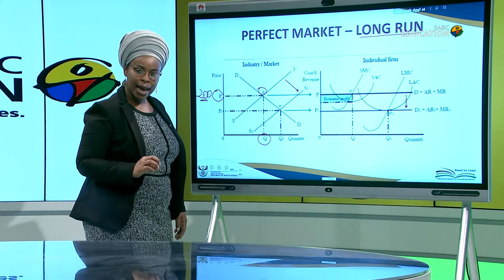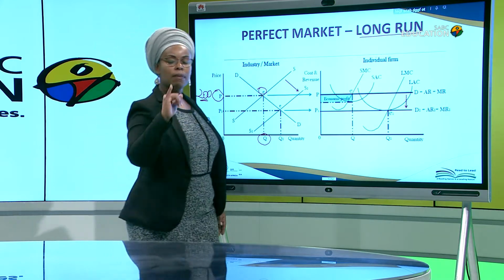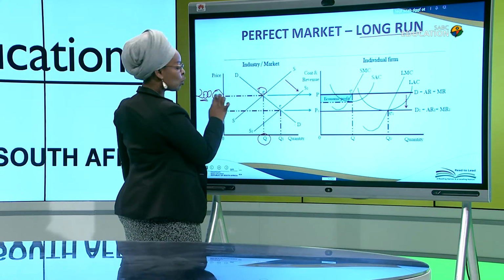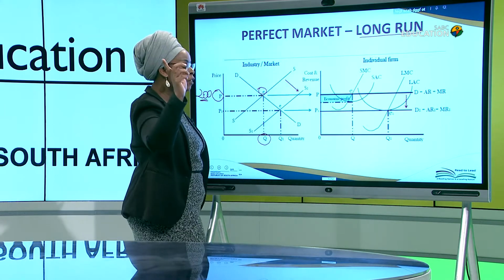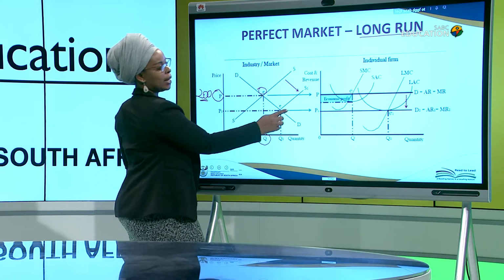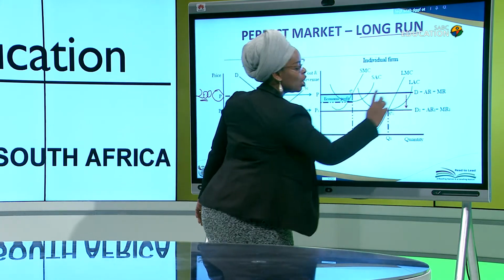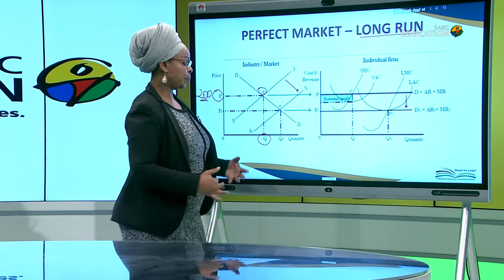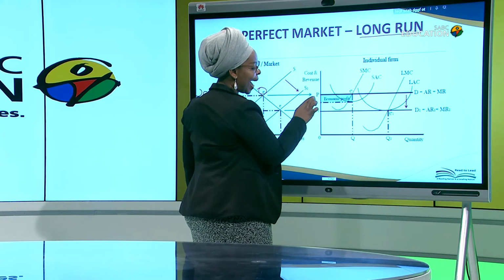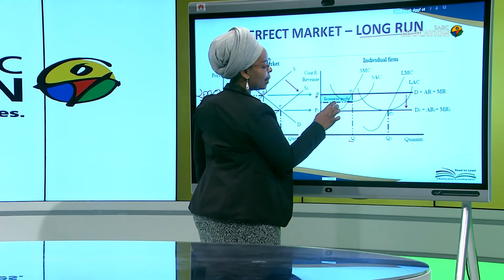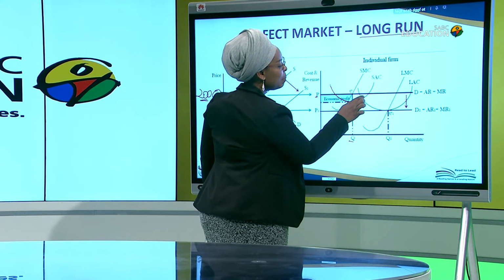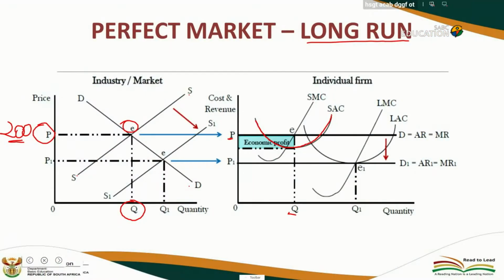In the long run, because they are price takers, this price of 200 will be taken by the individual firm, and that's when the demand curve will no longer be downward sloping. The demand curve will be a straight horizontal line. So the business is making economic profit. This is the price, this is the quantity, and then you will plot your AC curve, which will lie below the average revenue curve.